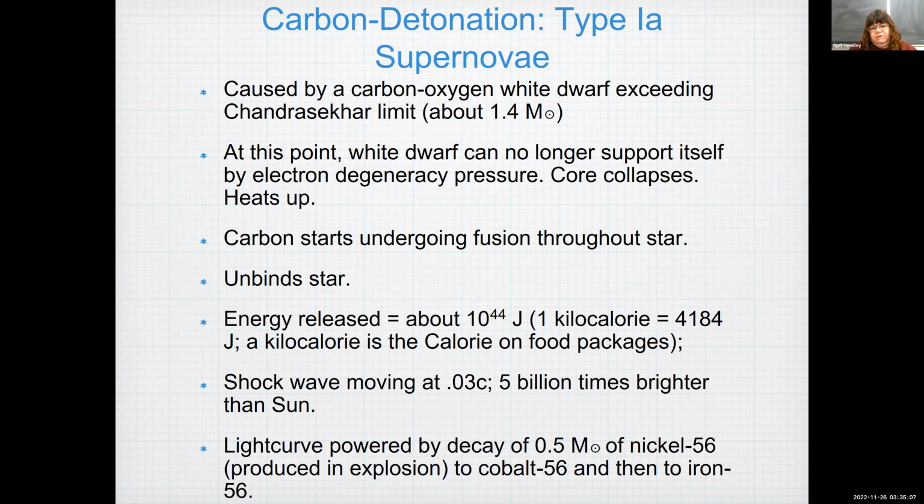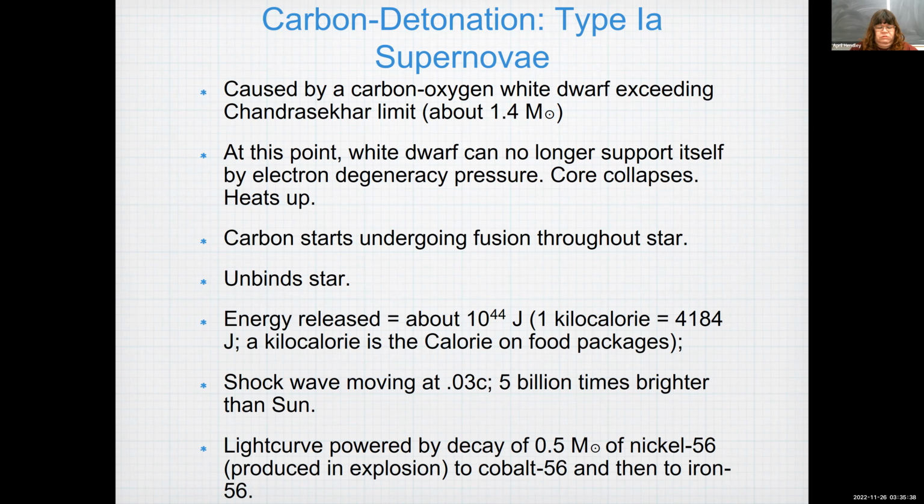Anyway, if the white dwarf gets too much mass, it can't support itself against gravity anymore. Up till then, it's been supported by the electrons being squeezed together, basically. If they got squeezed any more, they would basically get smashed into protons and make mostly neutrons, but up until 1.4 solar masses, the electrons resisted that.